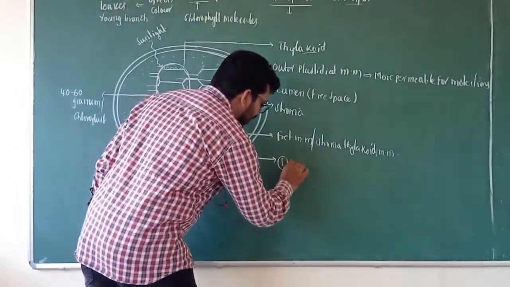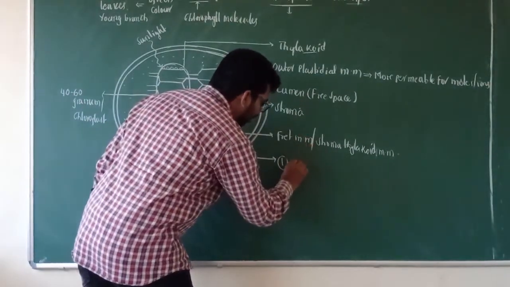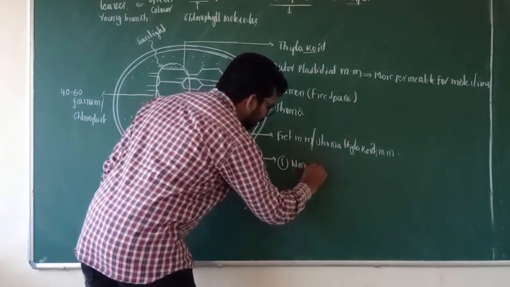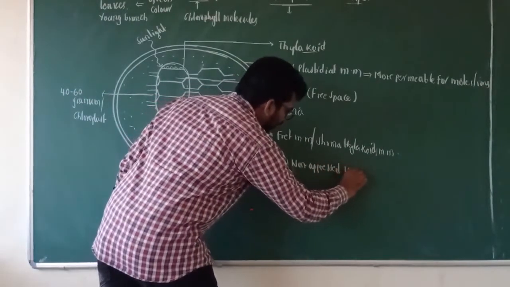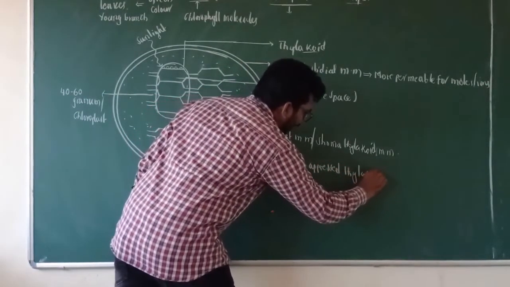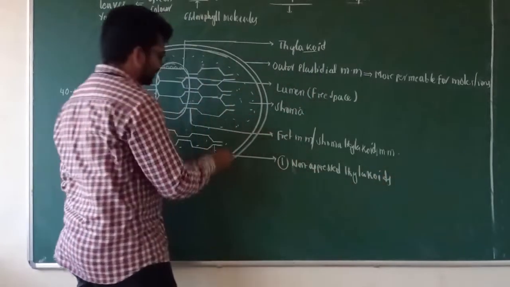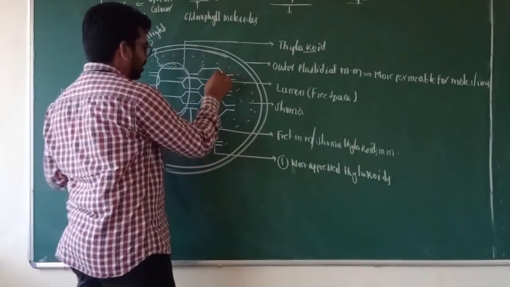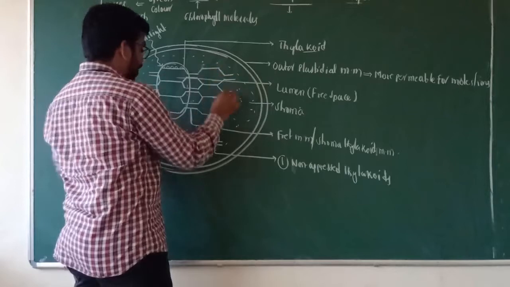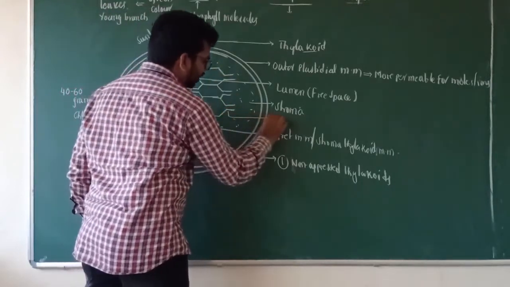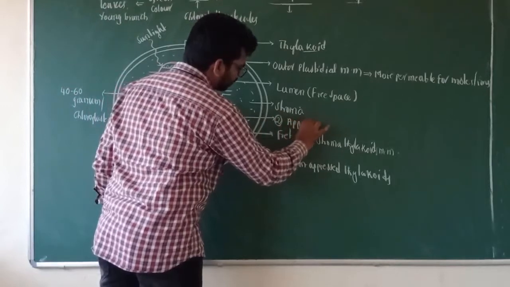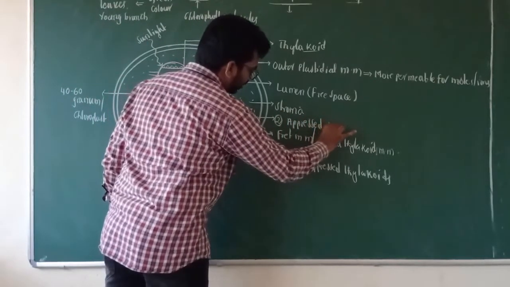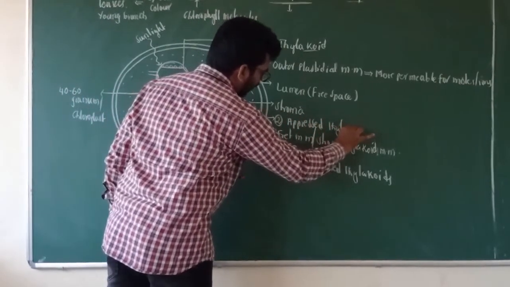The first one is non-appressed thylakoids, and the second category is appressed thylakoids.